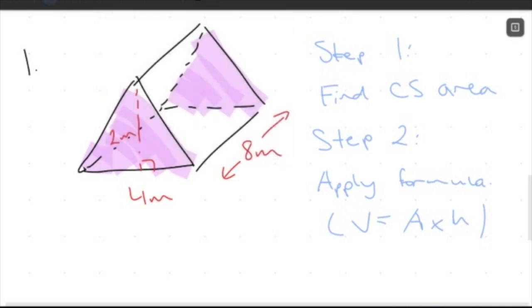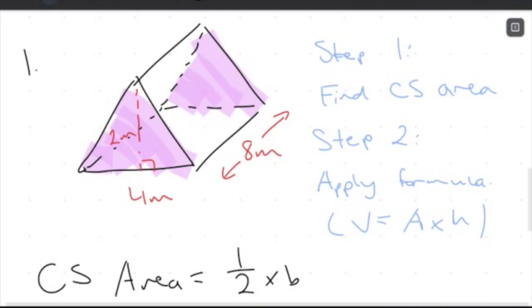So my cross-sectional area equals my triangle. And how do I find the area of a triangle? Well, I take the base, multiply it by the height, and halve it. So I do half times base times height. And now I just want to substitute in my different things here.